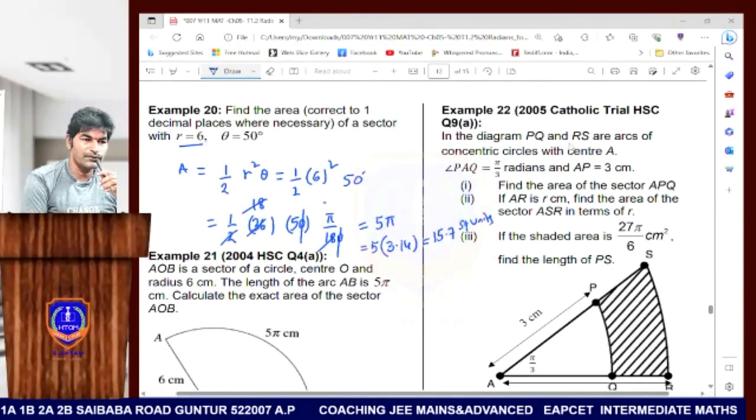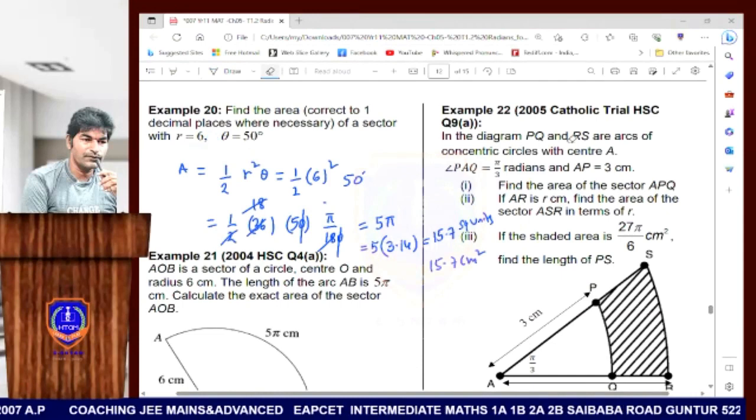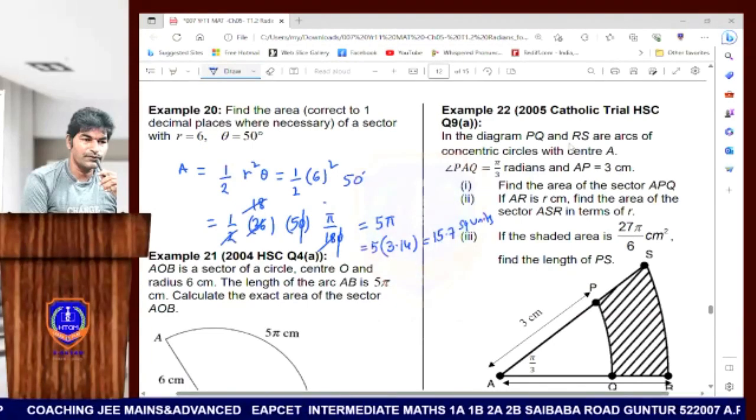Area is always measured in square units. For example, if the radius was given in centimeters, then you write 15.7 centimeter square. If no measurements are given, you say square units. Understood?